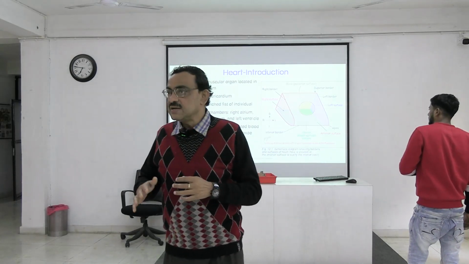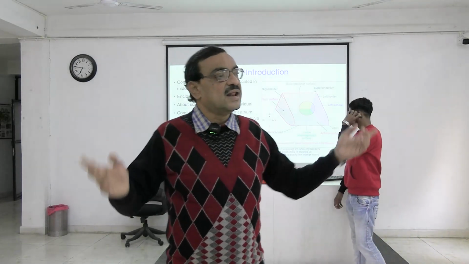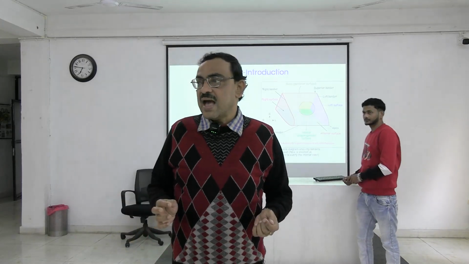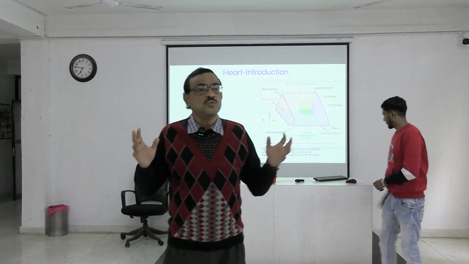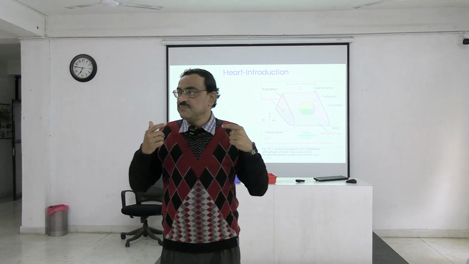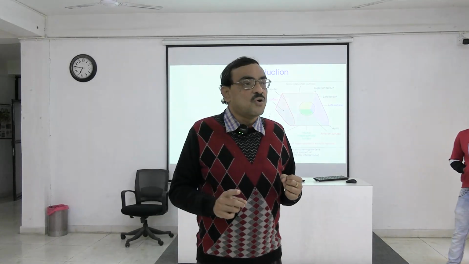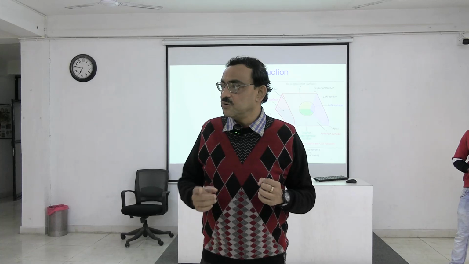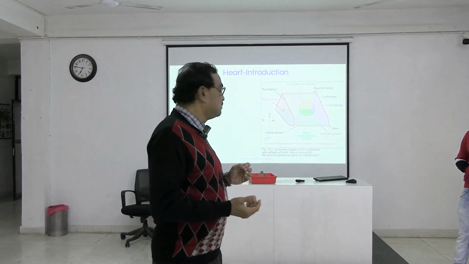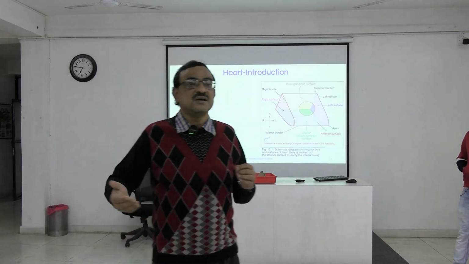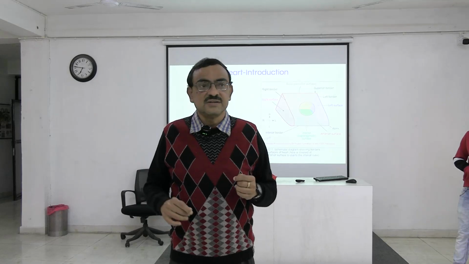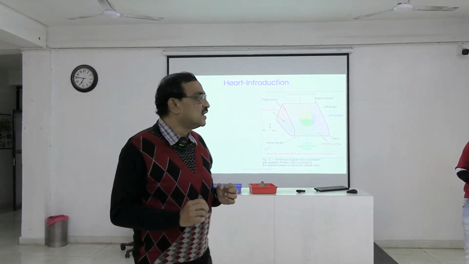One is intimately attached, that is the visceral layer, and another is the parietal layer. And there are two sinuses which are related. One is the transverse sinus, one is the oblique pericardial sinus. We have already shown you several pictures of which one is the oblique and which one is the transverse sinus.